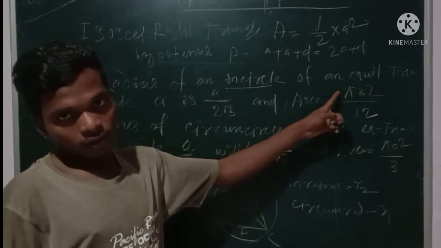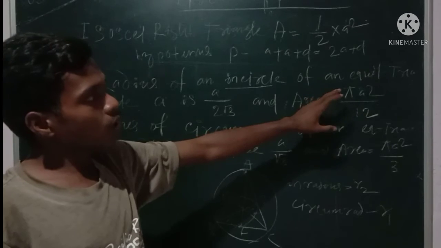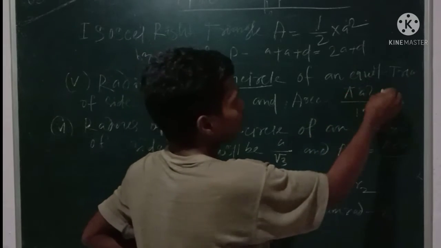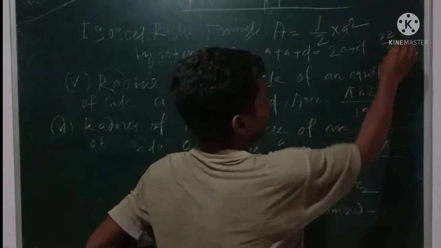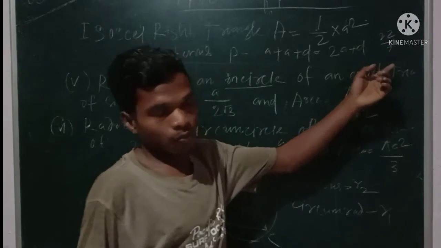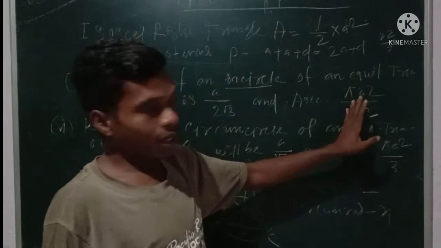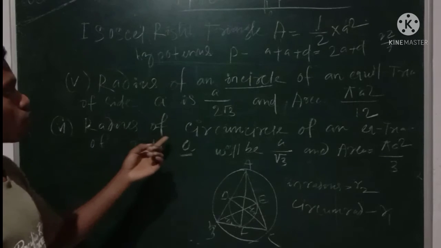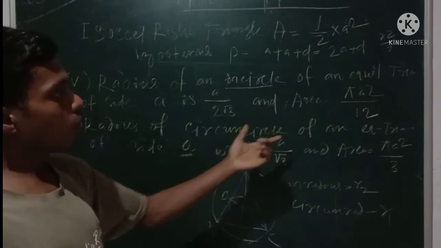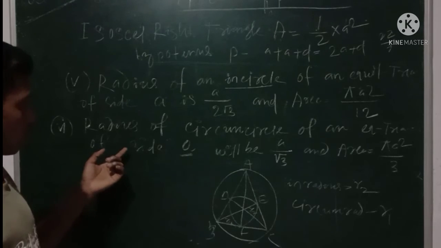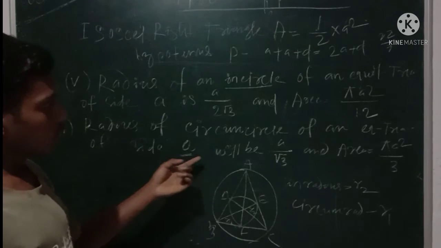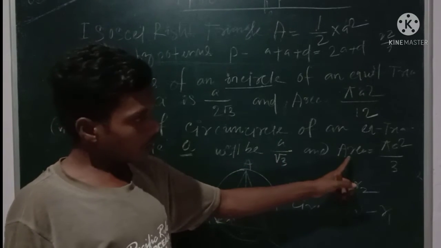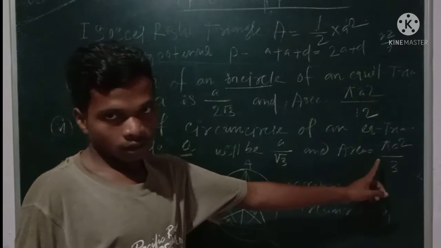Pi actually has no exact value, it is 22 divided by 7, but that is only a nearest value of pi. And the circumradius of an equilateral triangle of side a will be a divided by root 3, and the area pi a square divided by 3.